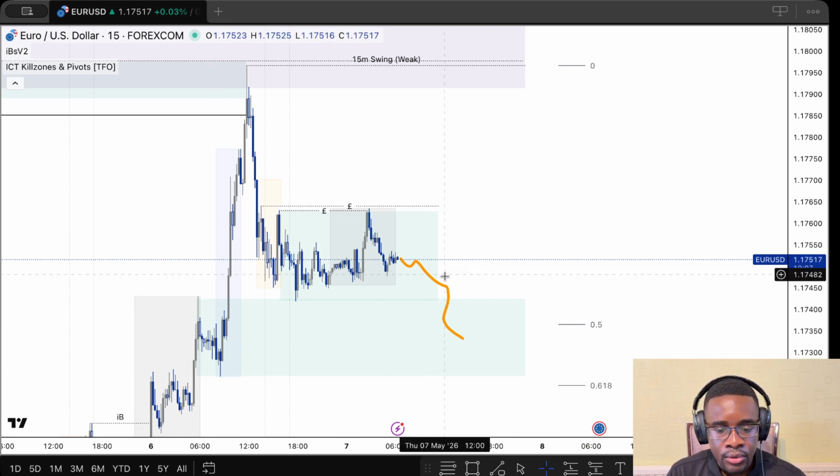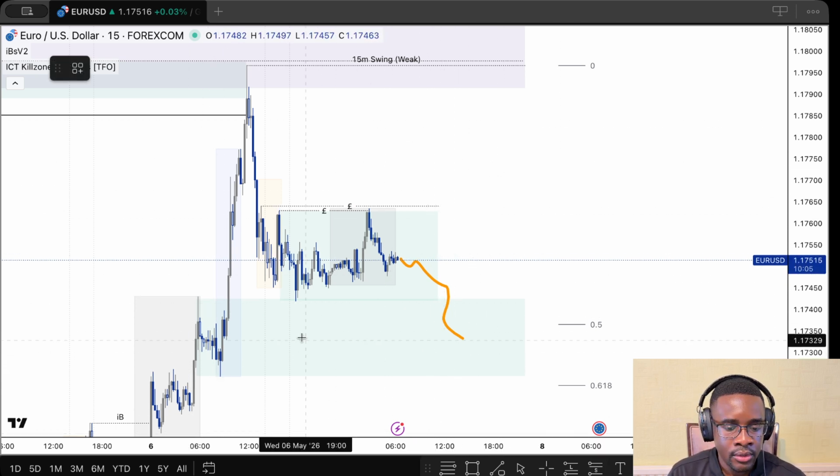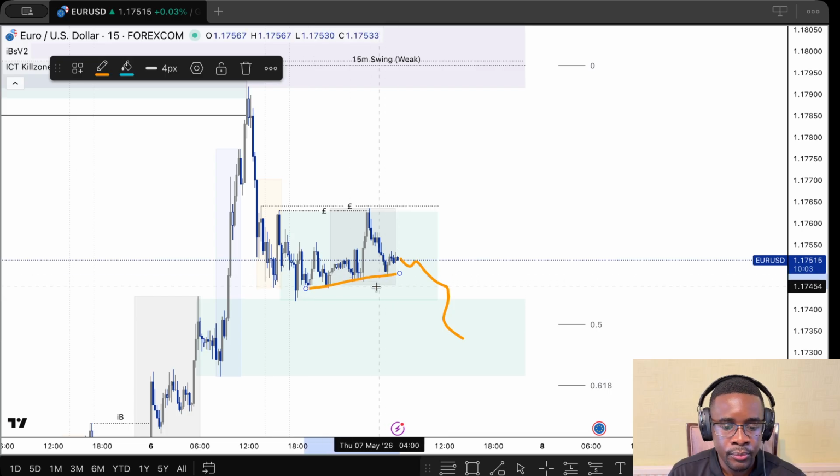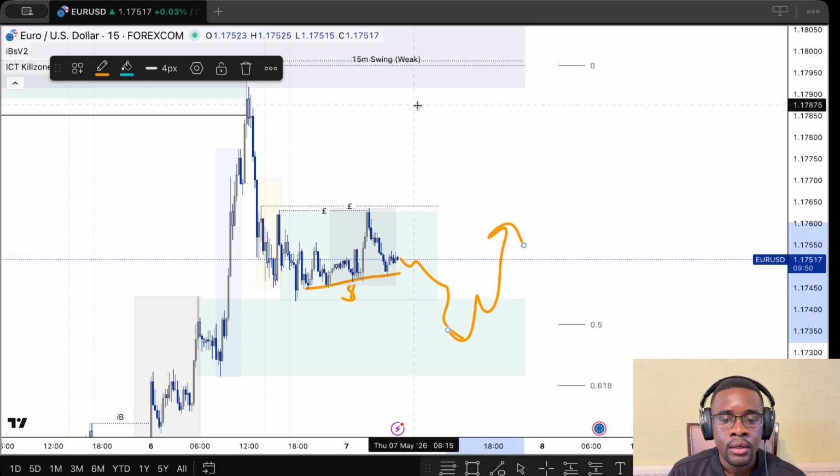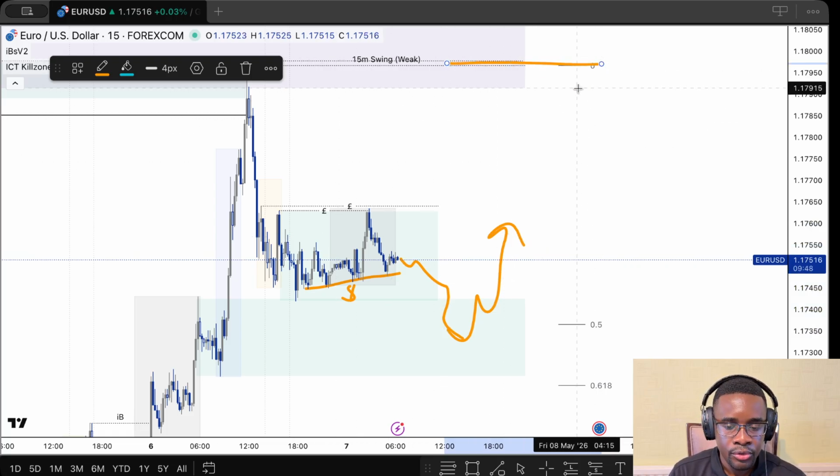Okay, so expectation may be that price has already fulfilled the objective for the pullback, but we do have this trend line, so I'm expecting price to at least take that out and then continue bullishly towards this weak swing high.